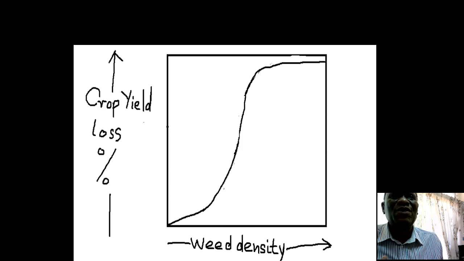At first, when you have few weeds, your losses are not much. So you can actually escape weed control strategies, or you may not invest in weeding if the weed density is very low. That's what is suggested by this graph.